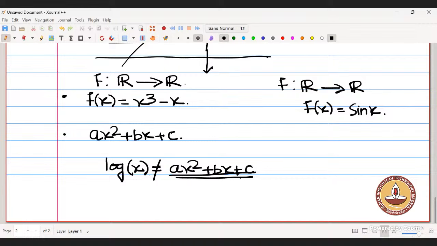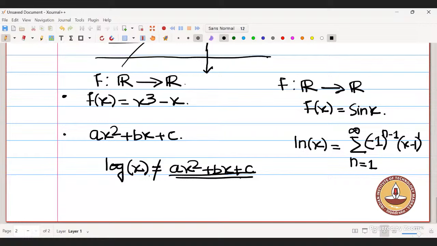The expansion of log is probably this one, n going to infinity, minus 1 power n minus 1, x minus 1 by n. So this is a power series. You can't write log x using a quadratic polynomial, so whether it's x or x square inside, it will never become a quadratic function.